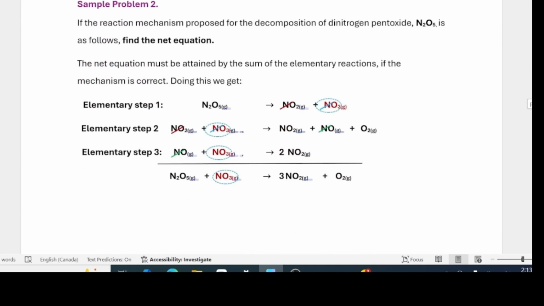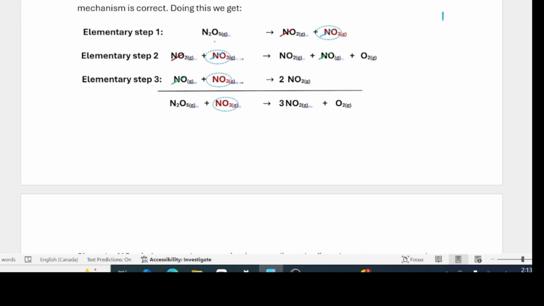Not a problem. So you're given a reaction mechanism for the decomposition of dinitrogen pentoxide, and you're asked to find the net equation. All you have to do is to add these 3 elementary steps and find the net equation. We have this one over this side here, and that one is there.